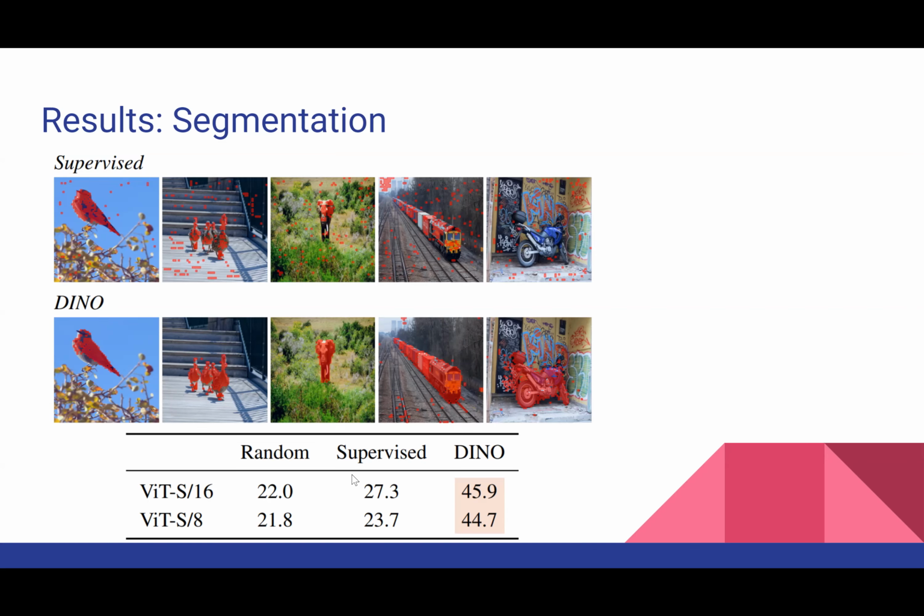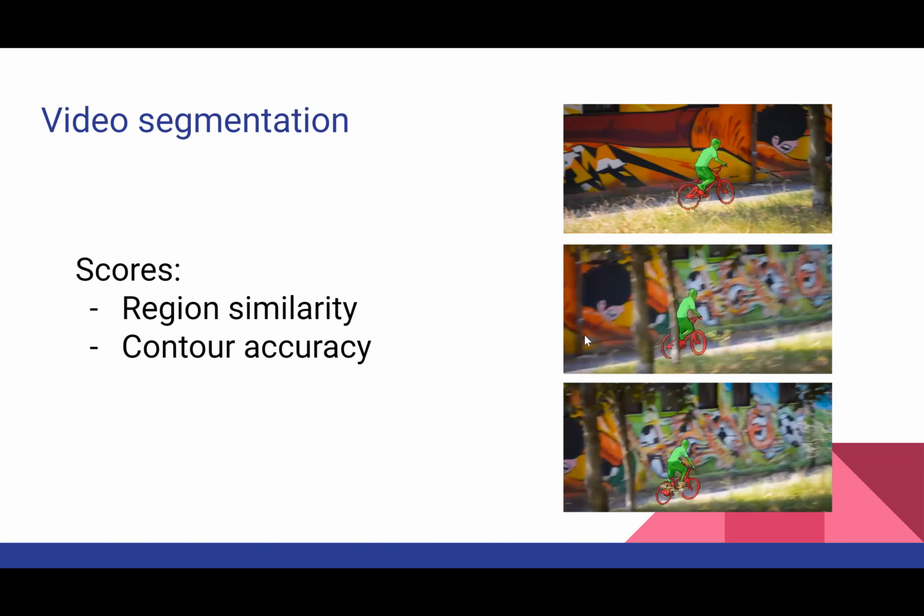So next up, we have video segmentation. Here we have frames of a video where we have a kid on his bike. The 2 things they're looking at are the region similarity, which is the intersection over union score, and the contour accuracy, which is how well the contour was drawn compared to the ground truth.